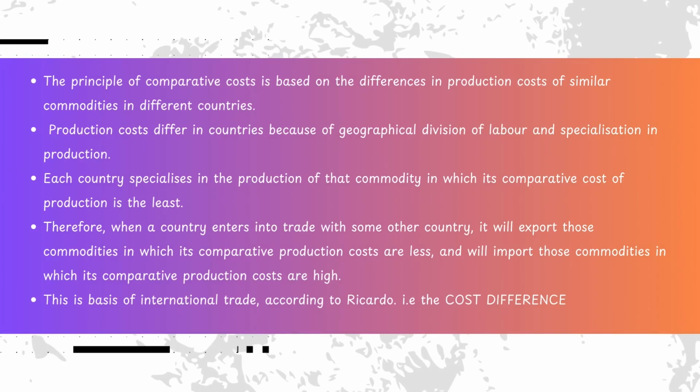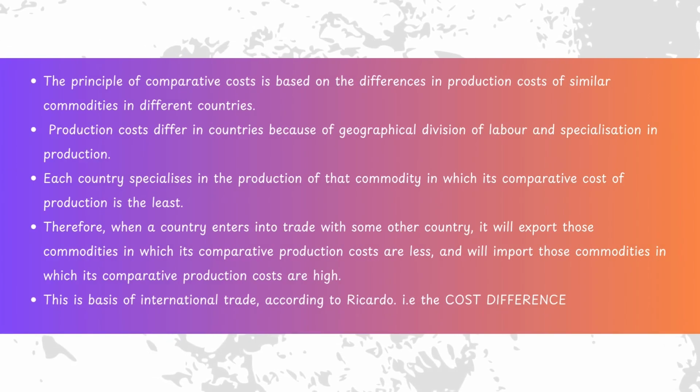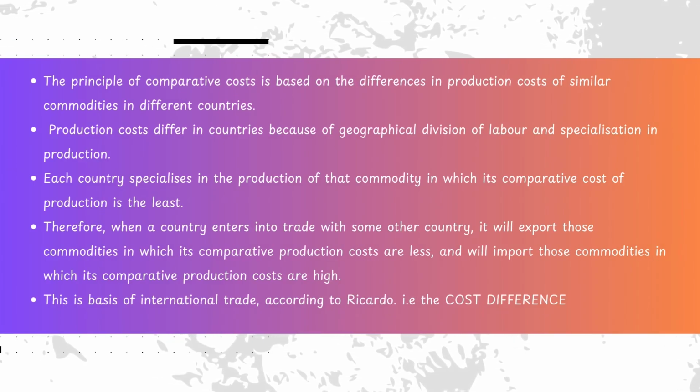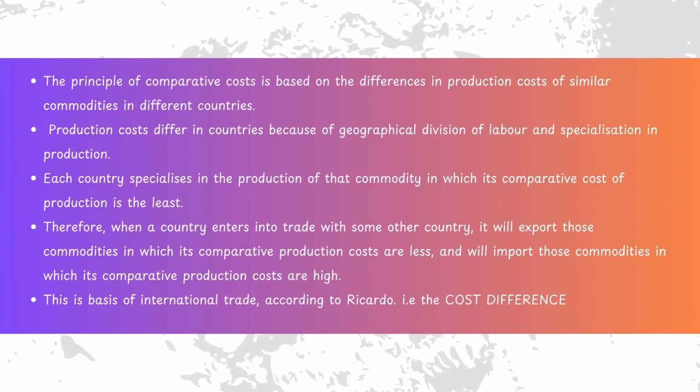The principle of comparative cost is based on the difference in production cost of similar commodities in different countries. Production costs differ in countries because of geographical division of labor and specialization in production. Each country specializes in the production of that commodity in which its comparative cost of production is the least.